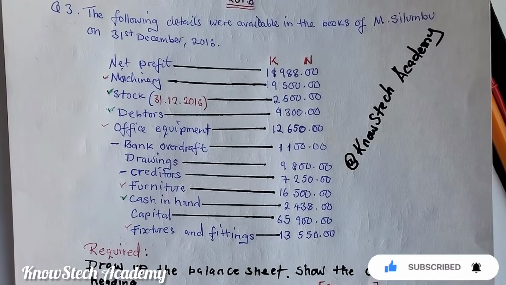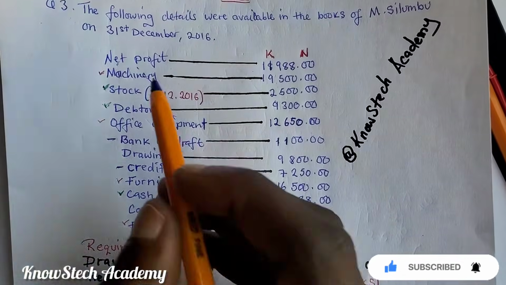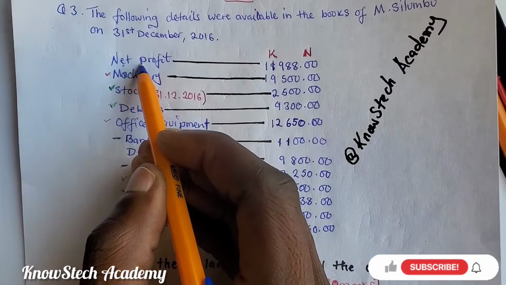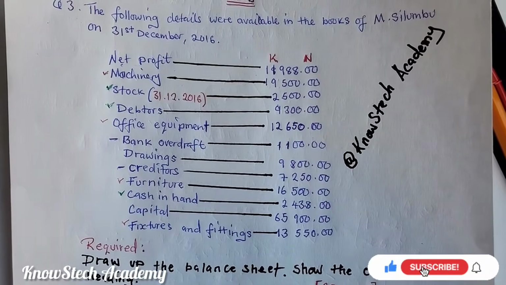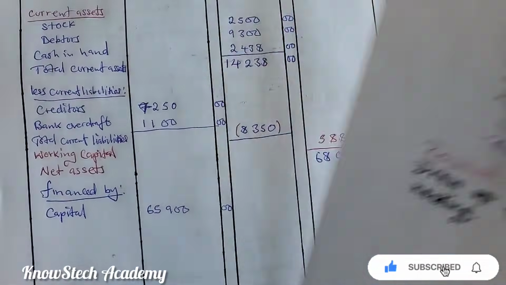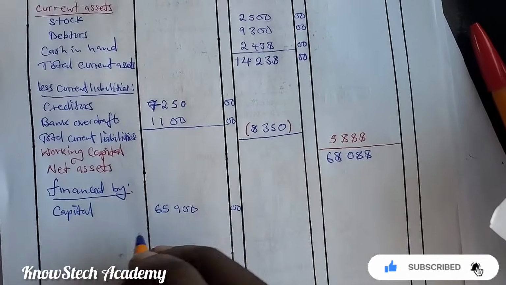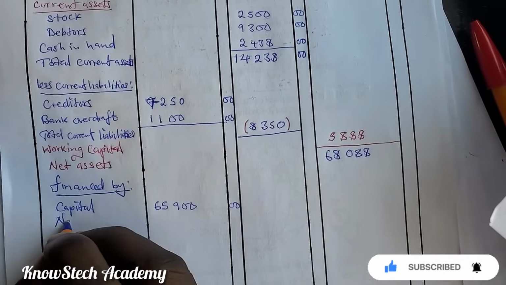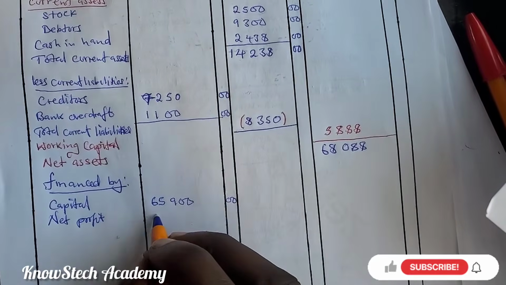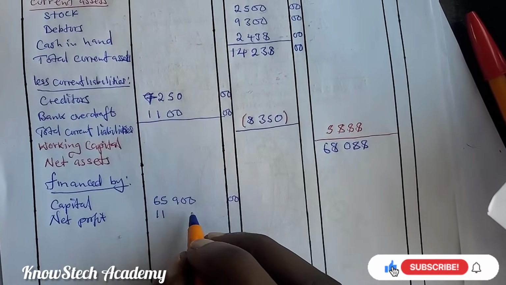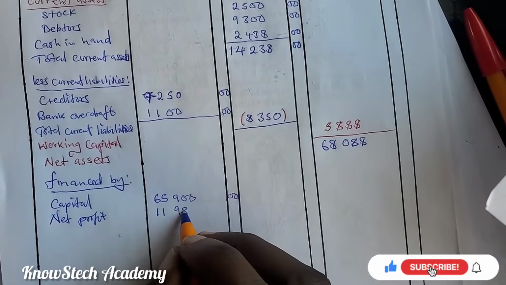They have no choice but to provide the net profit, of which they have here. It is the net profit as the first item on the list. Net profit as 11,988. So you're going to write net profit here.